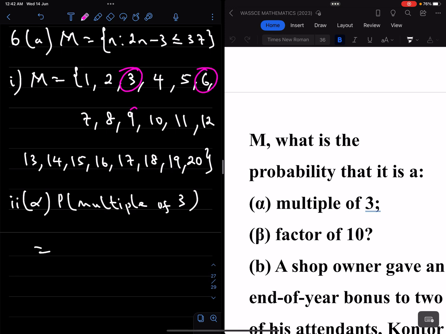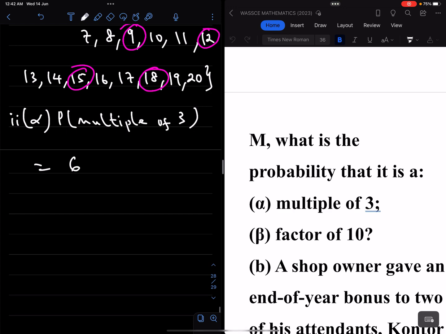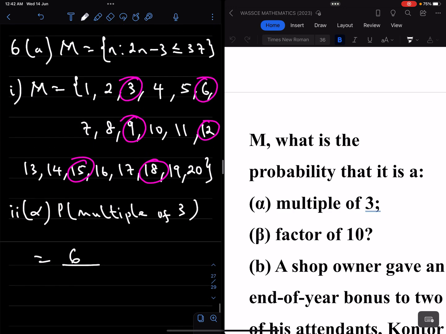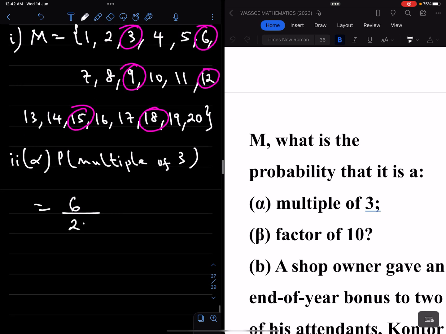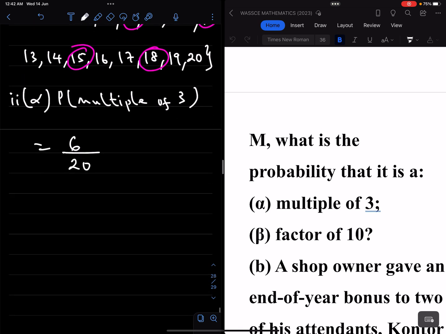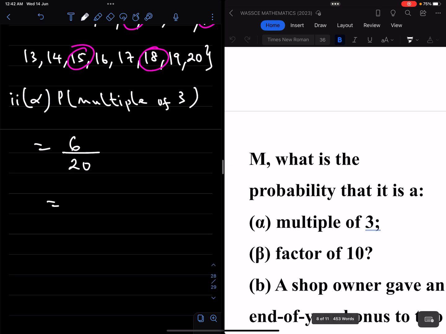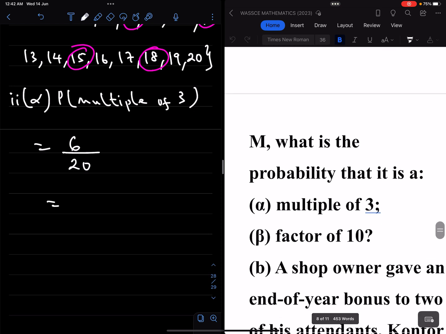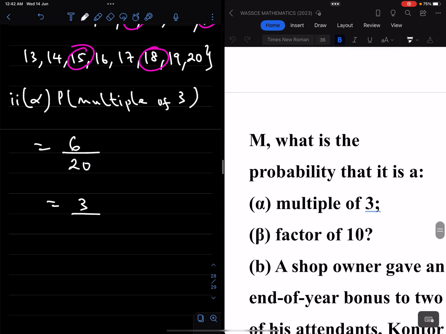That's 1, 2, 3, 4, 5, 6. So the number of elements of the set M that are multiples of 3 is 6 divided by the total number of elements of the set M, and that's 20. 6 over 20. So the probability of obtaining a multiple of 3 when a number is selected at random from M is 3 over 10. 6 over 20 is the same as 3 over 10.